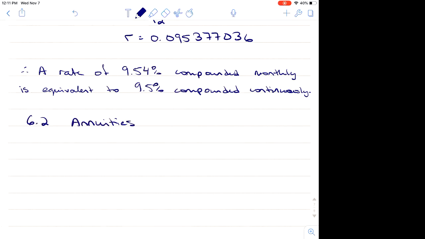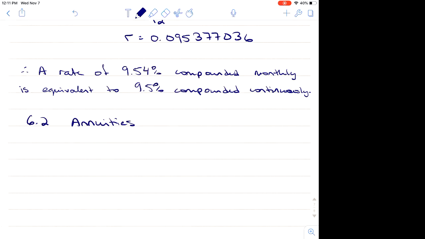So an annuity in general is just a series of equal payments for some amount of time at regular intervals. So any sort of loan repayment, we've usually got it set up with a bank or whatever. Okay, I'm going to pay you $500 every month for this long.